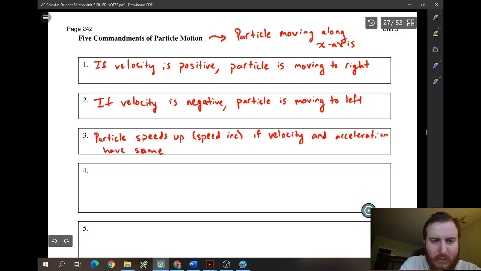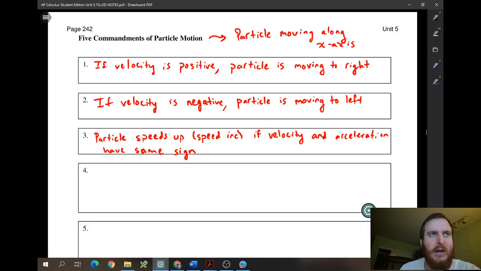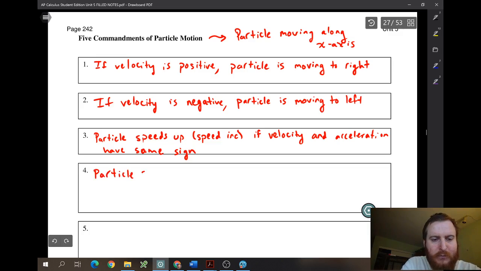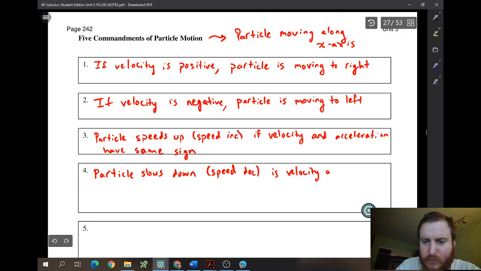So meaning either the velocity and the acceleration are both positive or both negative. And the opposite would be the particle slows down, its speed decreases, if the velocity and acceleration have opposite signs. So one is positive and one is negative.